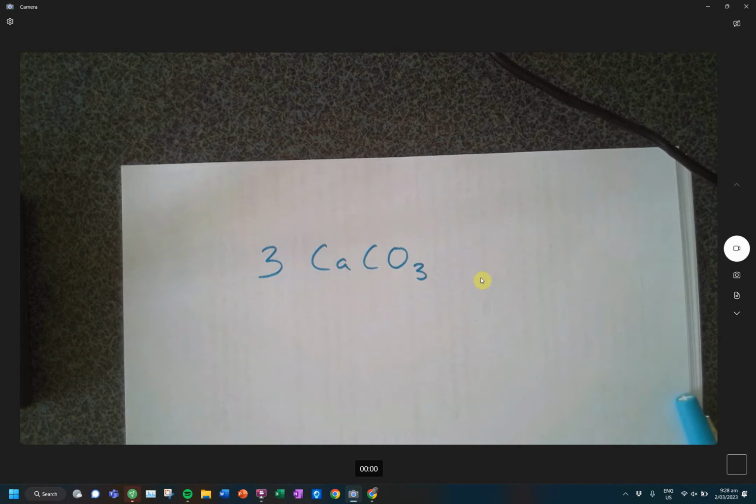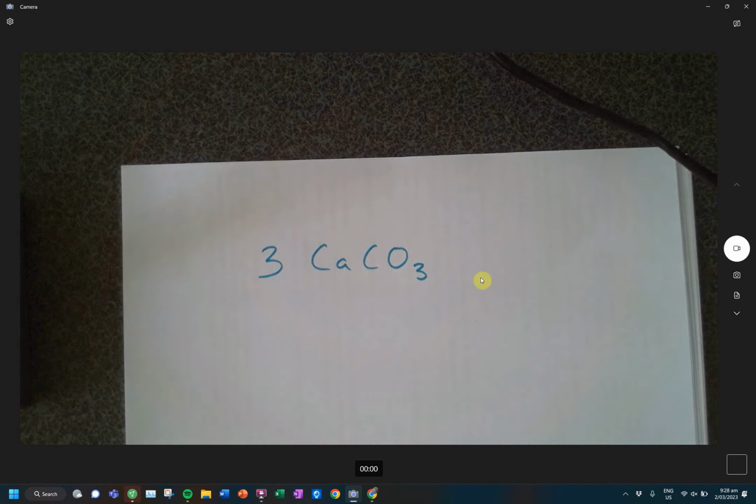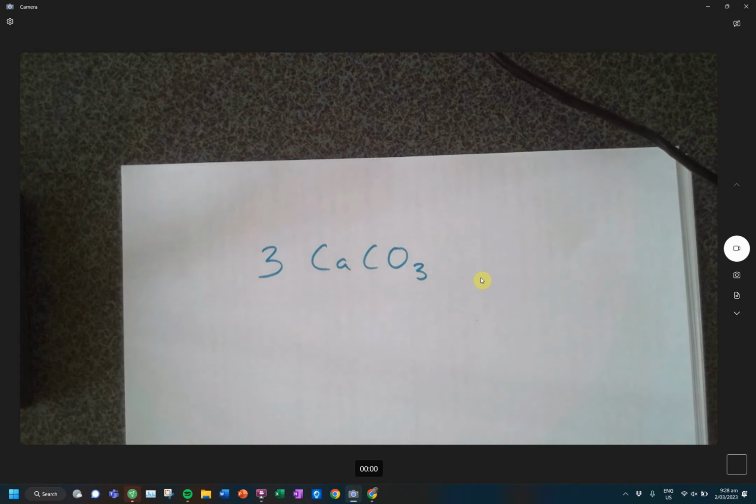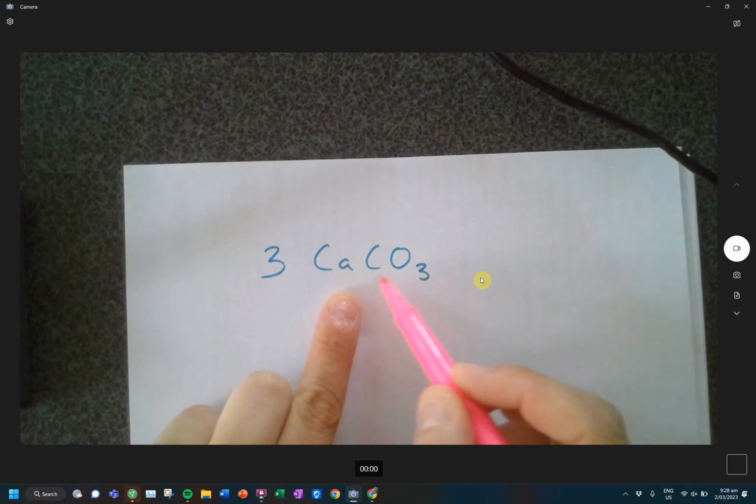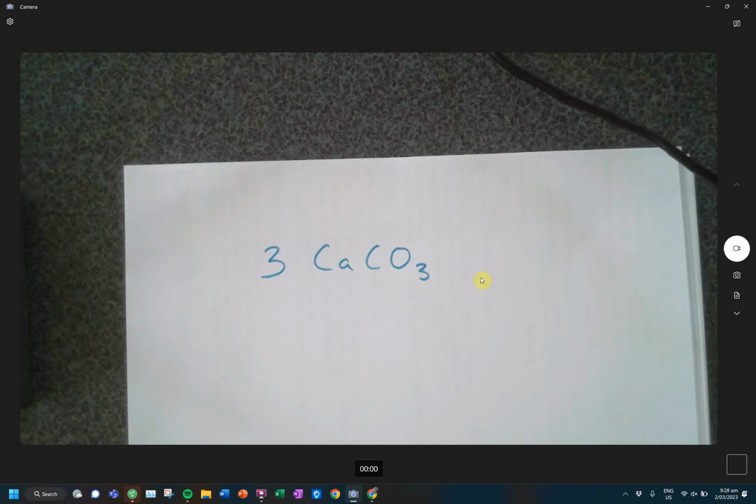All right. So let's break down how we apply the different rules when we're looking at our formulas. So keep in mind that we have things called subscripts and we have coefficients, is what we've talked about so far. A subscript is the numbers behind the elements. If there's no number there, it is just 1.